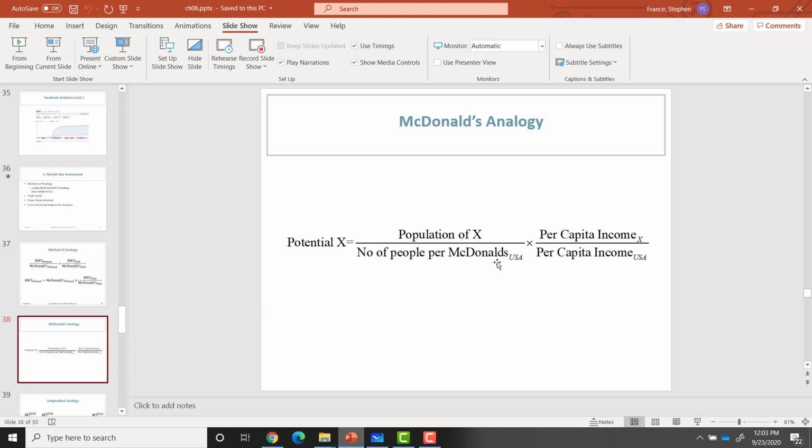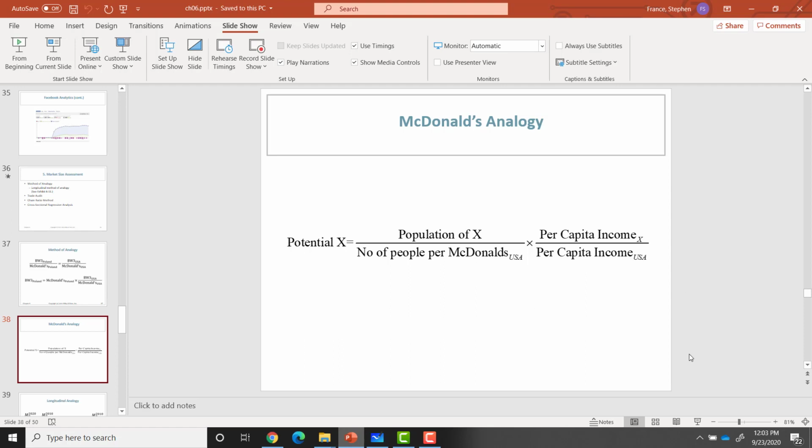And we know how many people there are per McDonald's in the US: there's 20,000 people for every McDonald's restaurant in the US. And we think it's going to be similar in this country, but this country is relatively poorer. So we multiply it by the ratio of GDPs. So if my country is a quarter as rich as the US, then the number is going to be a quarter of what it would have been in the US.